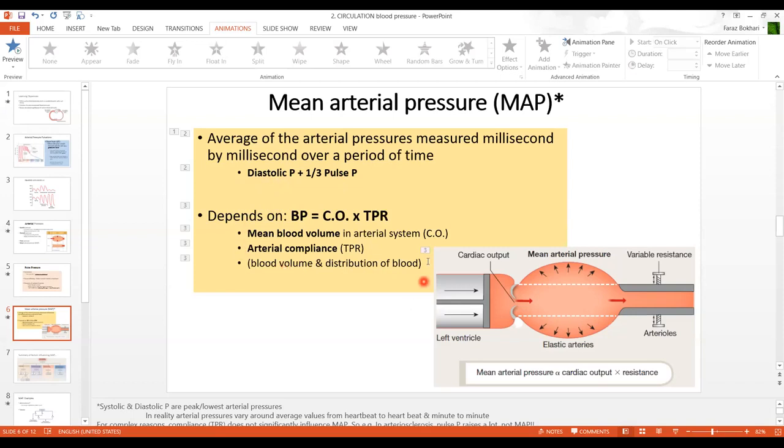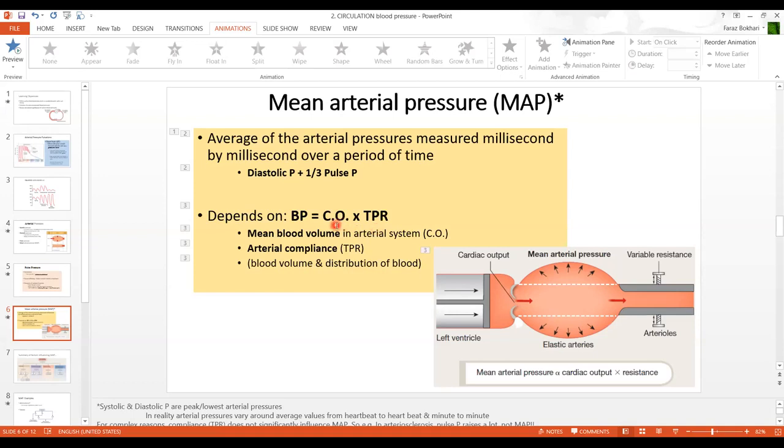Now, these are basically the two main components, and I'll repeat it a couple of times. This formula you need to remember, and not just remember, understand it from this diagram, which you have seen again in lecture 1 as well. Blood pressure is a product of cardiac output and total peripheral resistance.